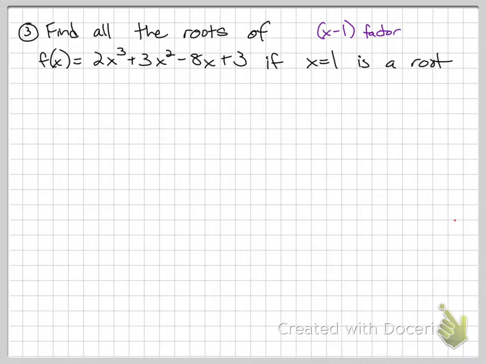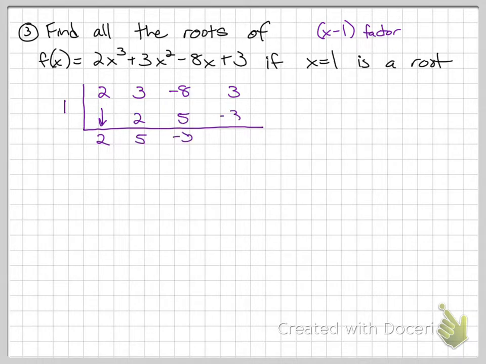So if you're going to do long division, you use x minus 1, but I do believe most of us prefer synthetic division now, and we are going to just use the root that was given, so 1. We are told it is a root, so this has to work. Do your synthetic division. Multiply, add, multiply, add, multiply, add, and you get remainder 0.